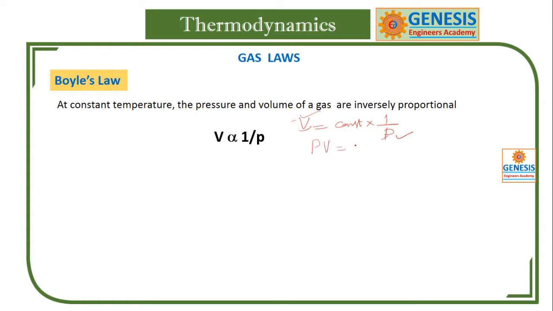And this PV is equal to constant. So Boyle's law is represented by PV equal to constant. That means P1 V1, the pressure and volume at state 1, is equal to the pressure and volume at state 2. That means their products are equal.